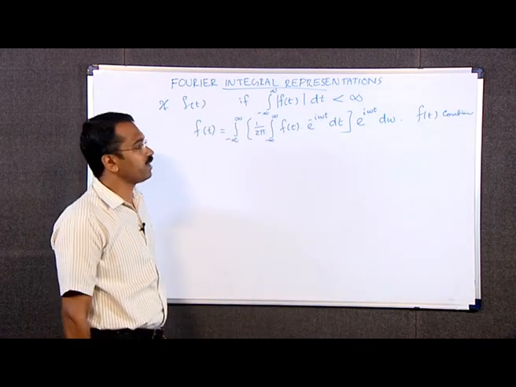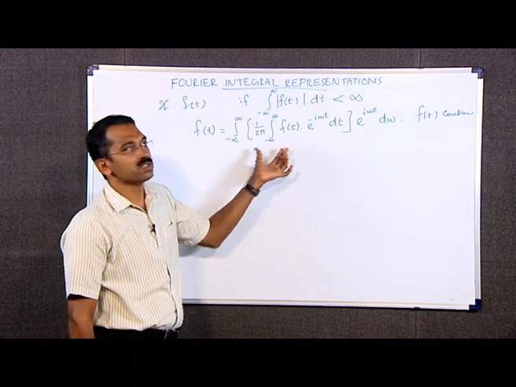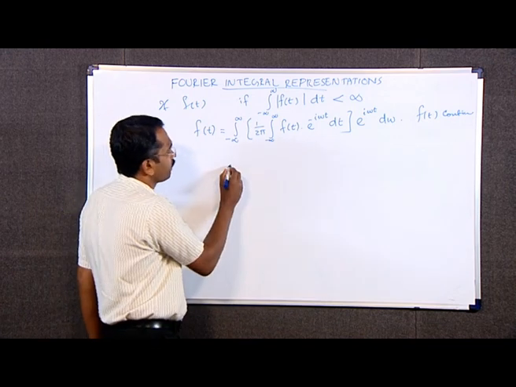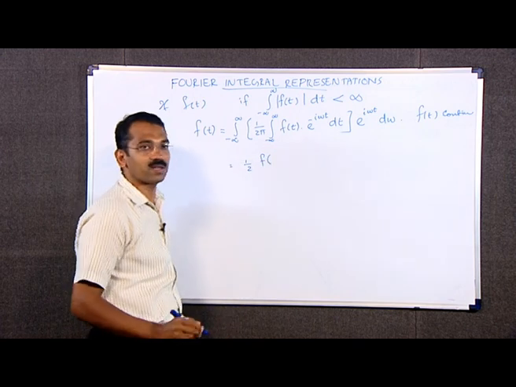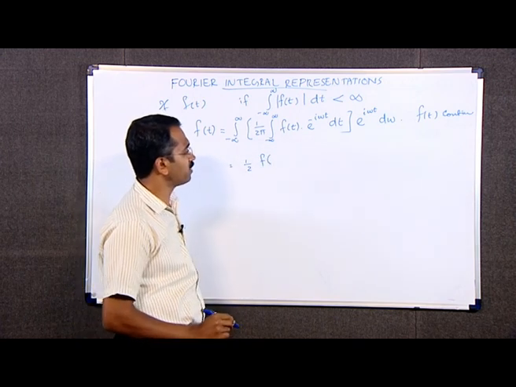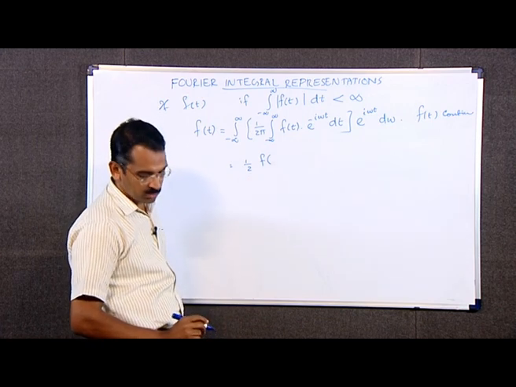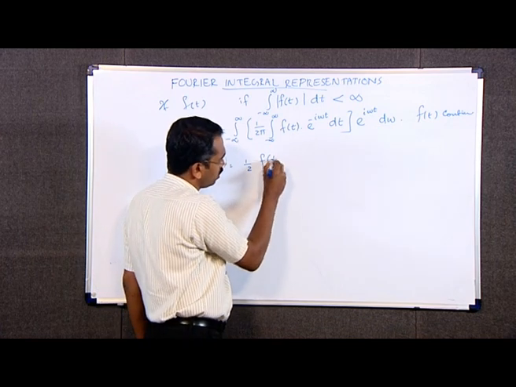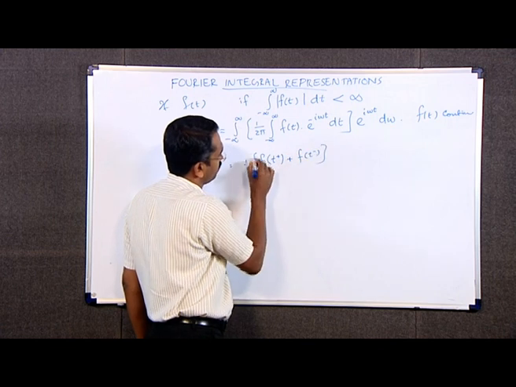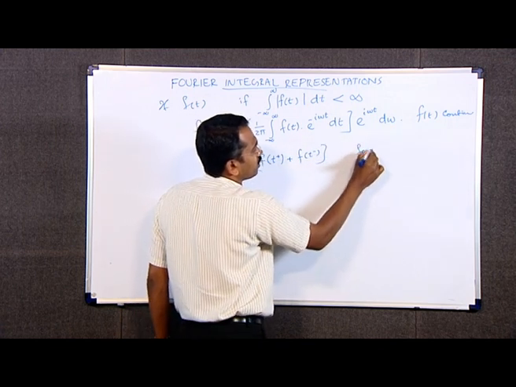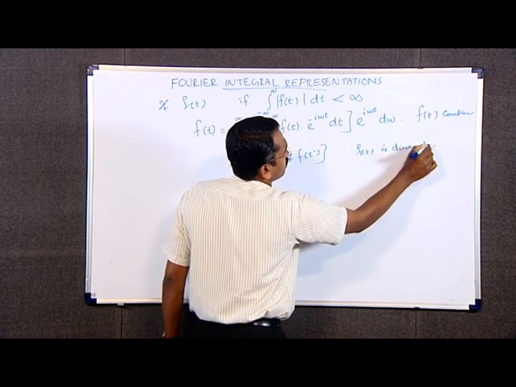And if there is a point of discontinuity, the value of this integral will become the average of the right hand limit and left hand limit at the corresponding point of discontinuity, that is, 1 by 2 into f of t plus plus f of t minus, where f of t is discontinuous.